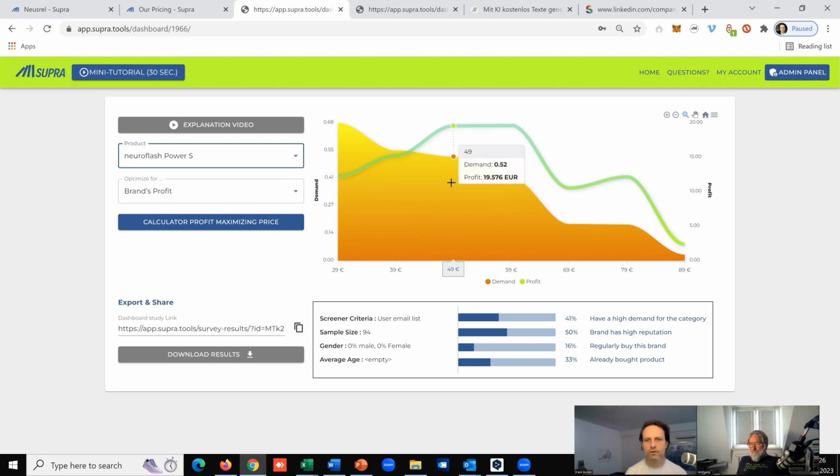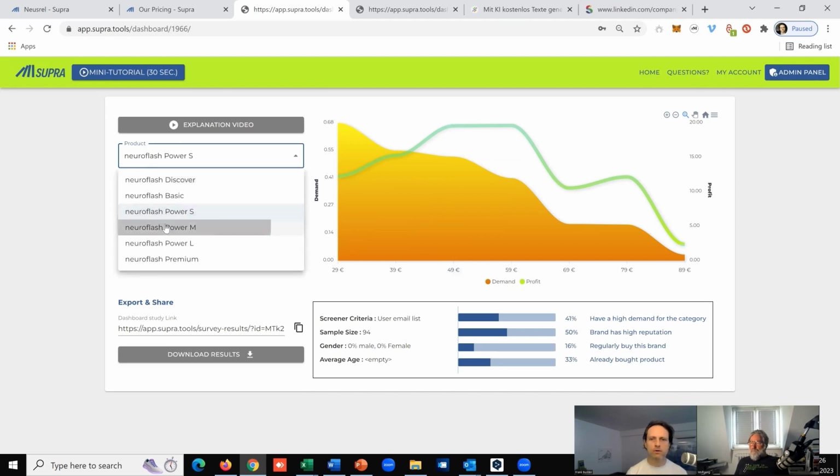It's the same profit. But typically, if you have something at the same profit, you want to have the lower price, because then you get more customers, and with more customers you get more word of mouth, more upselling potential, and so forth.